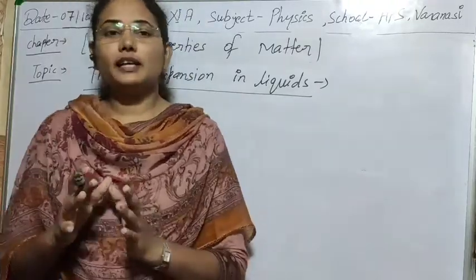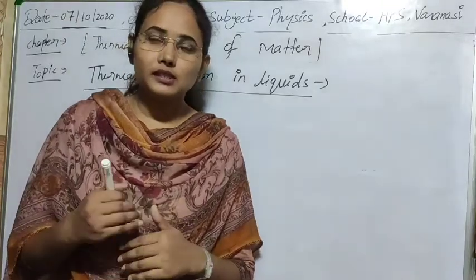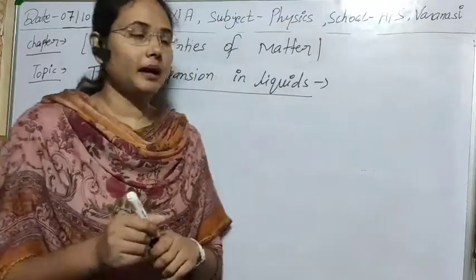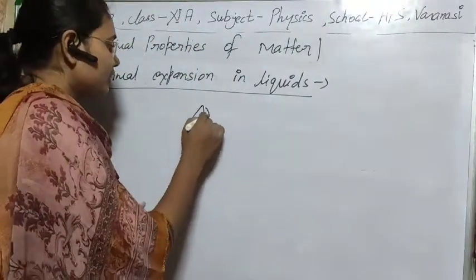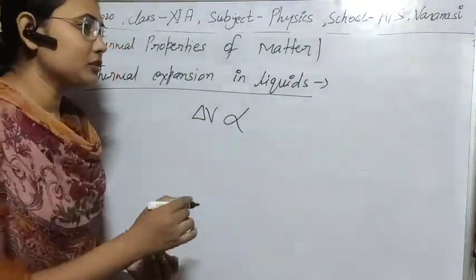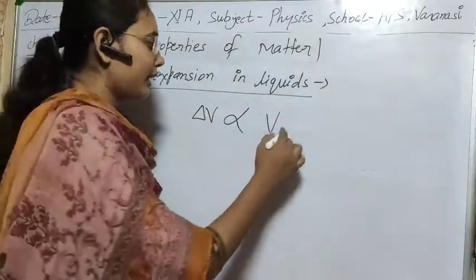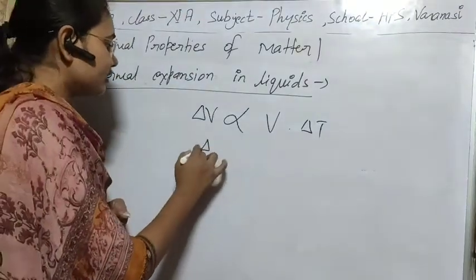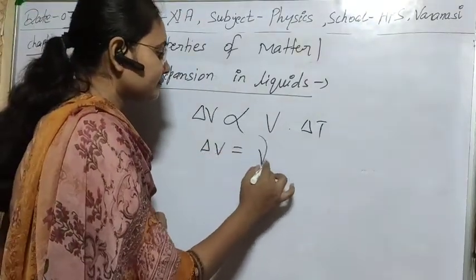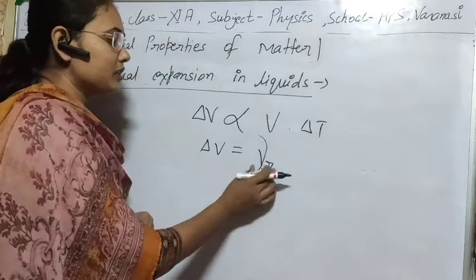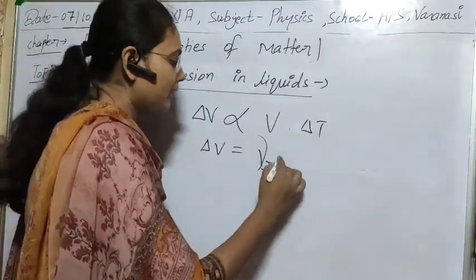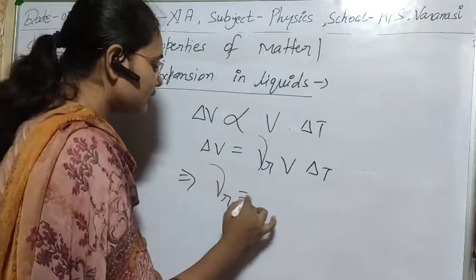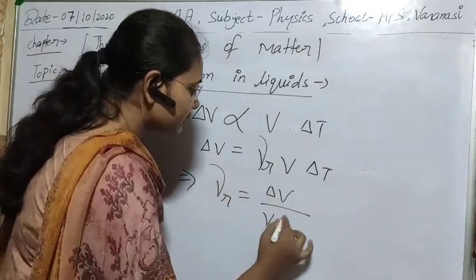It is the change in volume per unit volume per degree rise in temperature. As we already know, delta V is directly proportional to its volume and change in temperature. So after solving it, we can write some constant, suppose for real expansion gamma r, where V delta T. So we can write easily gamma r equal to delta V upon V delta T.